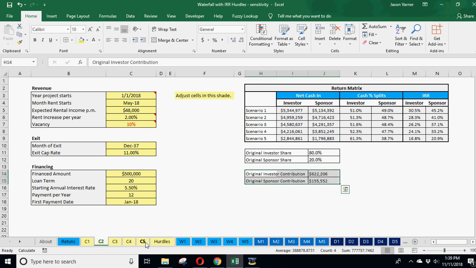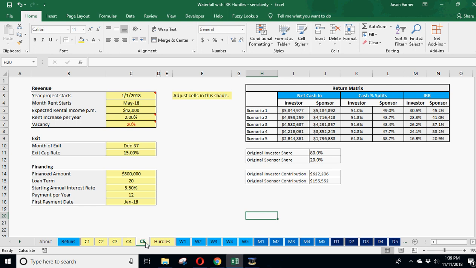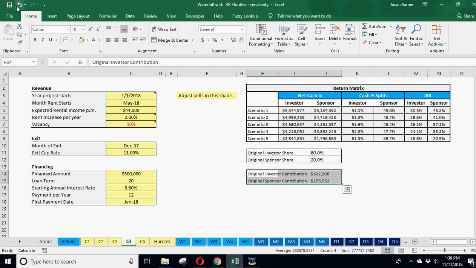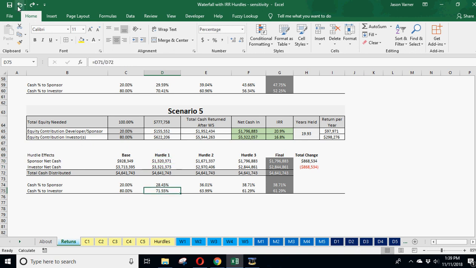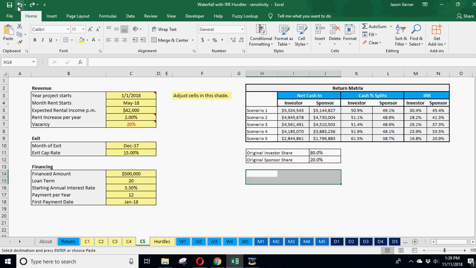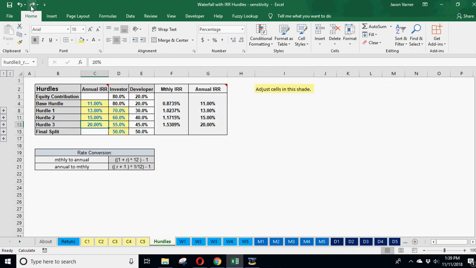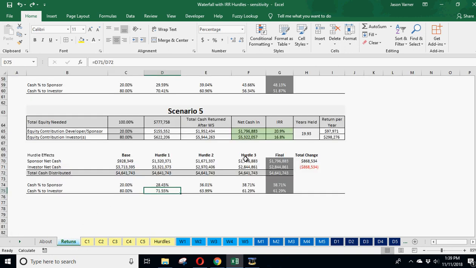Now, what did I change? Oh, I changed the hurdle rate to 20, so put that back to 17. And this still, you can see, 17% still hasn't reached the split.